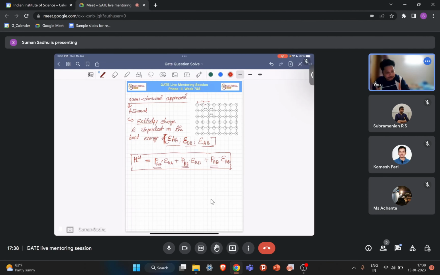So let's say this total system is 1 mole, where you have XA mole of A atoms and XB mole of B atoms, and the coordination number is Z. Everyone of you knows what the coordination number is, right?